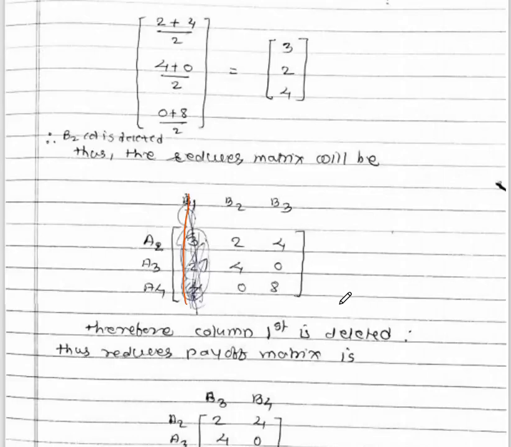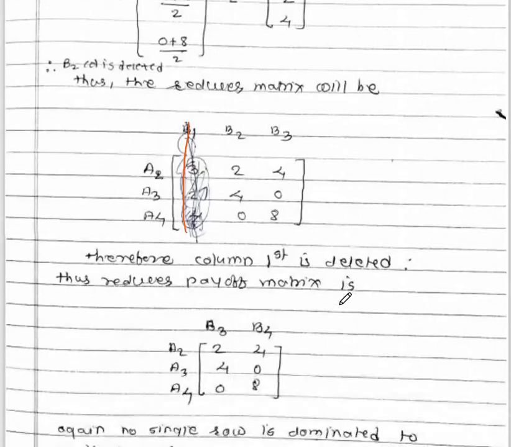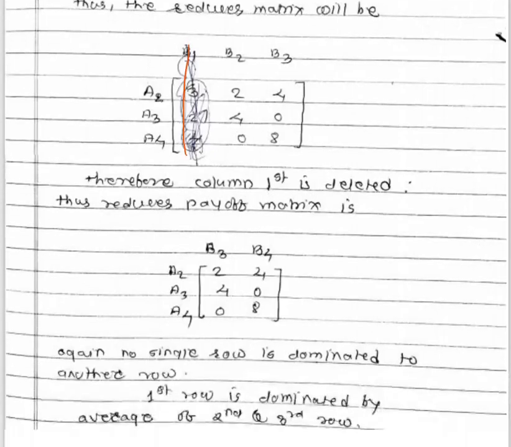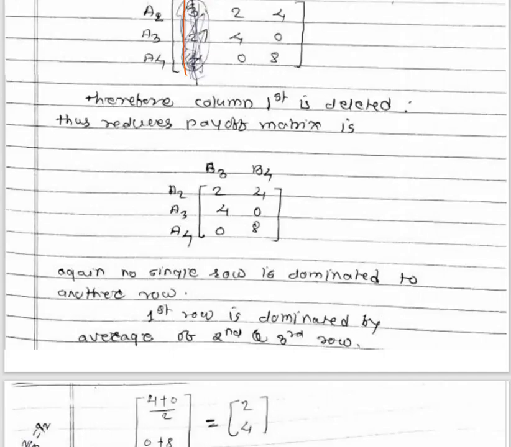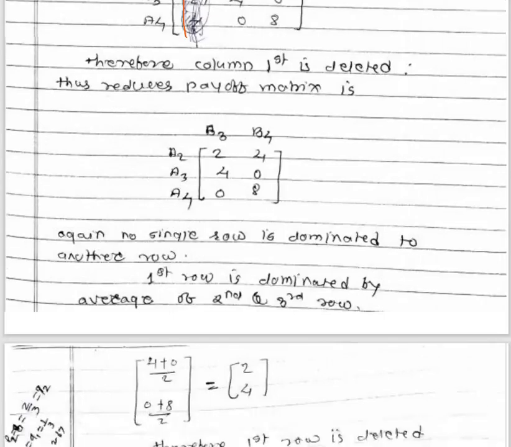Now we need to reduce this payoff matrix to two rows. If you observe, no one row is dominated by another row, so we have to take the average of two rows and compare it to the third row.